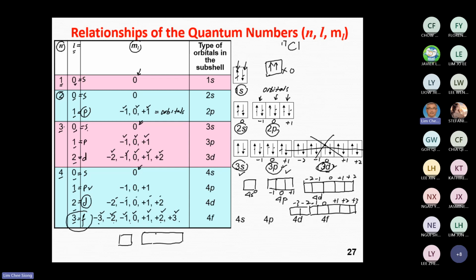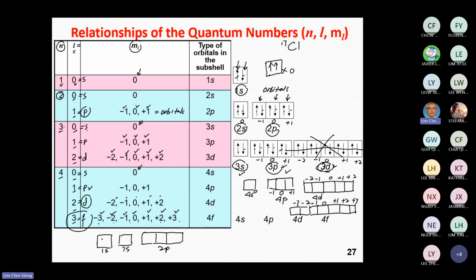So during the exam, please bring along a ruler. For example, this is 1s, and this is under 2s, followed by 2p. Sorry, I need to redraw. Okay, so this one is 1s, this is 2s, then followed by 2p. It depends on the number of electrons.